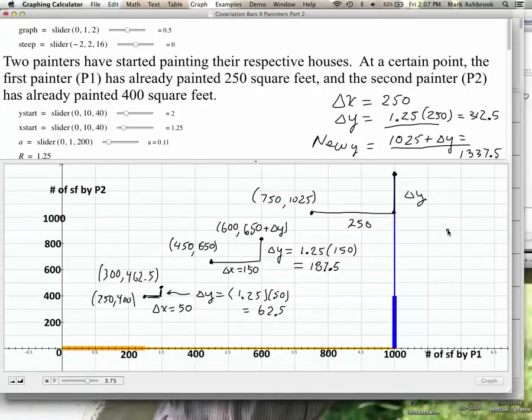Okay, so when relative size is maintained, we're starting to develop a locus of points. When relative size is maintained, that change in y, in this case, is always 1.25 times the change in x. How does the locus of points then emerge? So it's kind of like similar triangles, right?